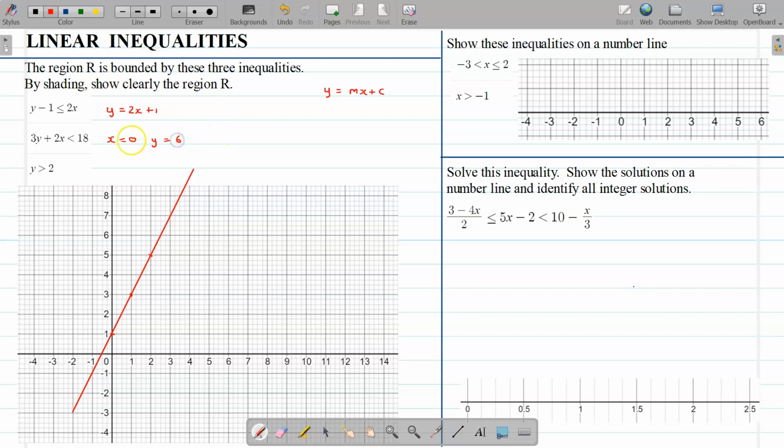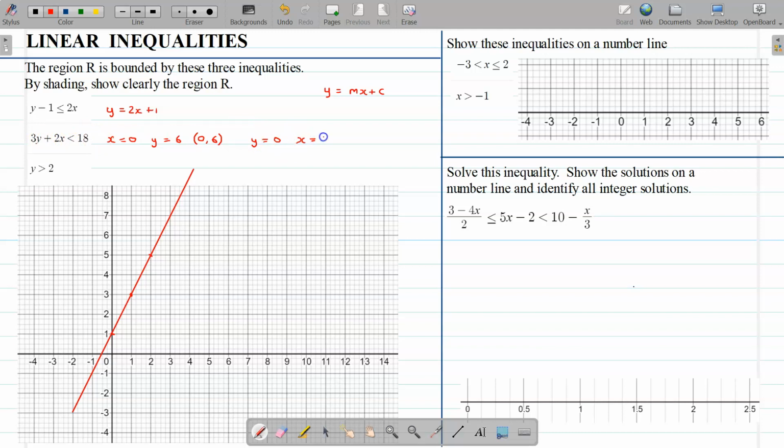So if x is 0 and y is 6, then I know that the point 0, 6 is on the line. And now I set y equal to 0 to see what x would be. When y is 0, 2x is 18, x equals 9.